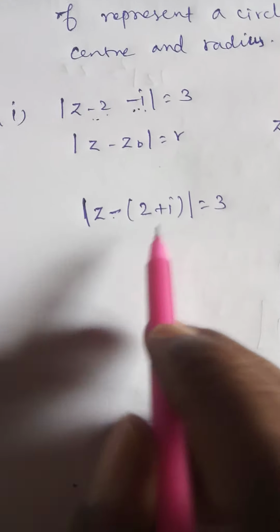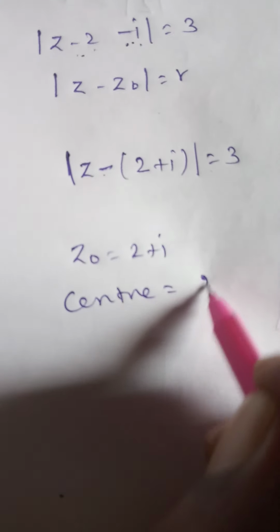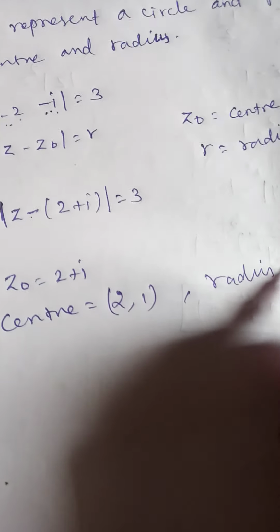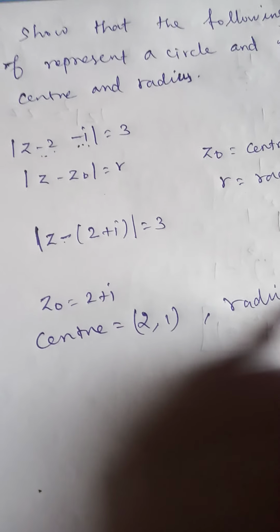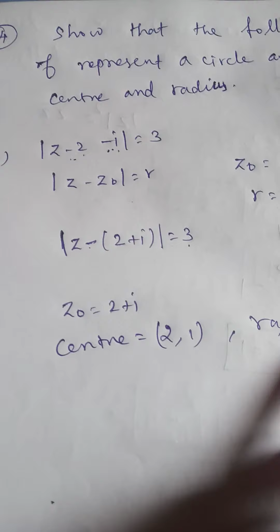The center is the real part 2, imaginary part 1, so the center is (2, 1). The radius r equals the right hand side value, 3. Radius equals 3.